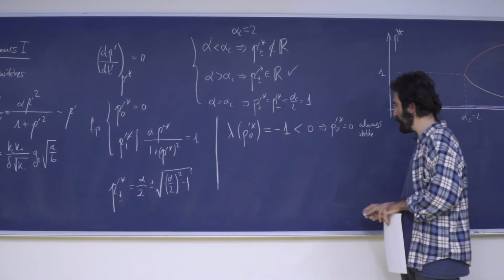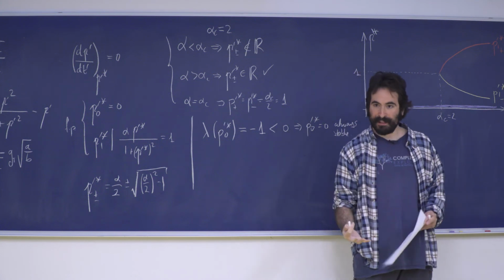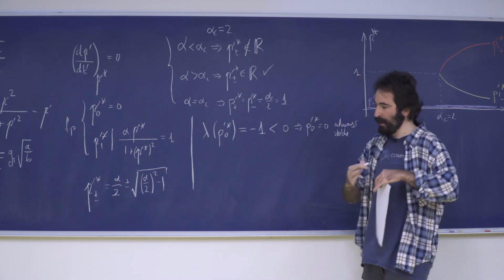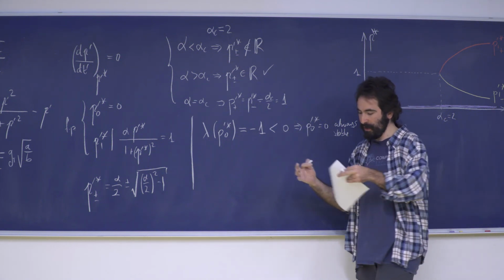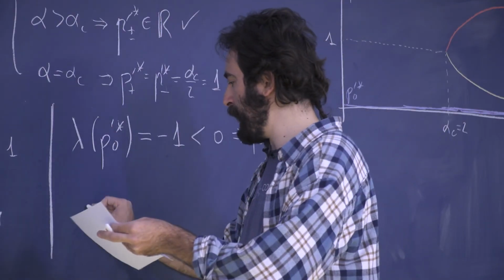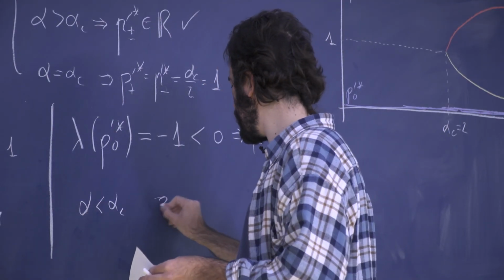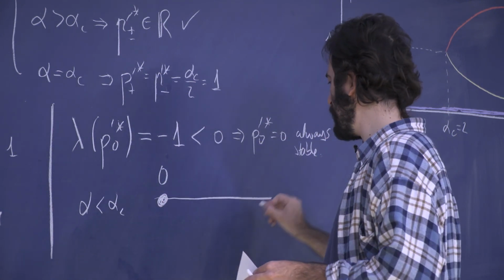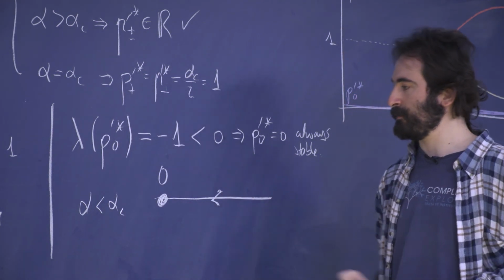What happens to the other fixed points? Well, now we can use the fact that we are working with one single variable, and the topology of the dynamical system only allows for the stability of the different points to be consecutive. In other words, if I start drawing what happens for alpha smaller than alpha critical, what I see here is that I have the 0 to be a trivial fixed point, and there's no other fixed points, right? So there's only this attractor. Great.